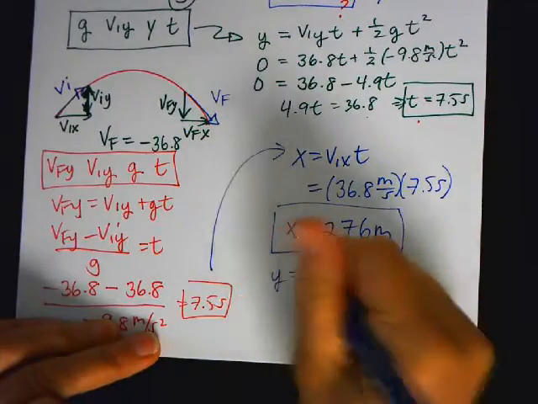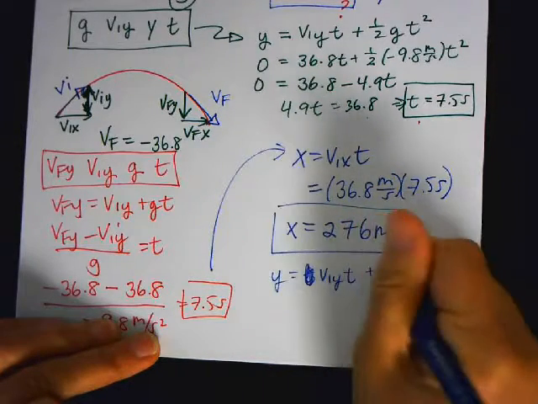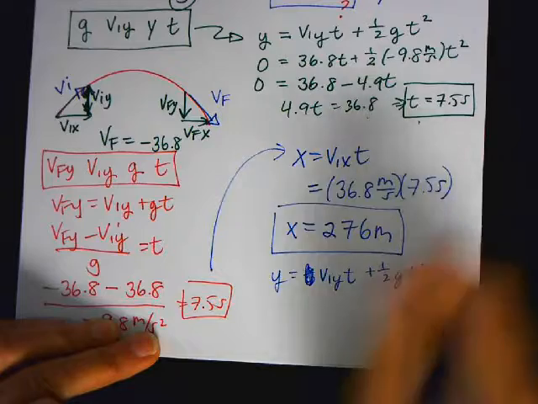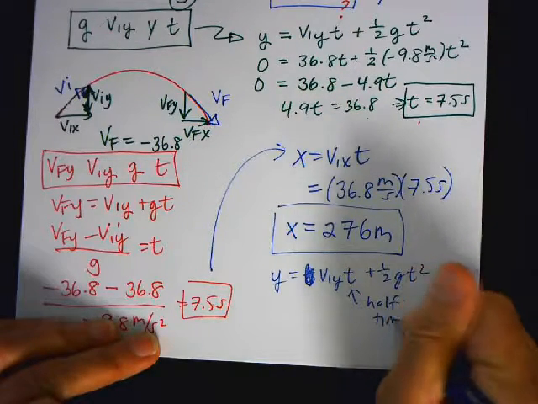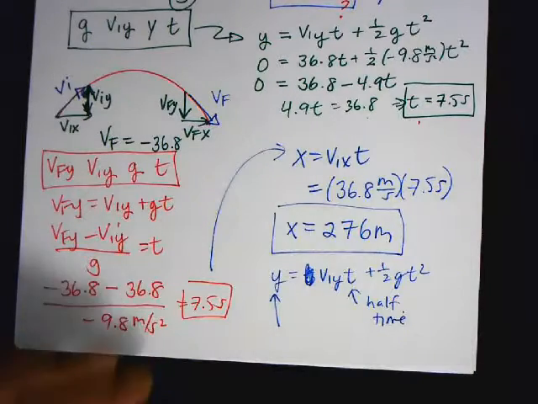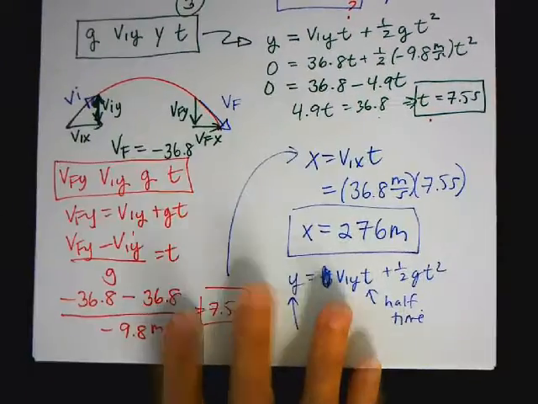Y is equal to VIY t plus 1/2 G t squared, but I would substitute in here half the time because this maximum height is going to occur halfway. Okay, so these are some of the things that we're going to see as we do the homework problems. Okay.